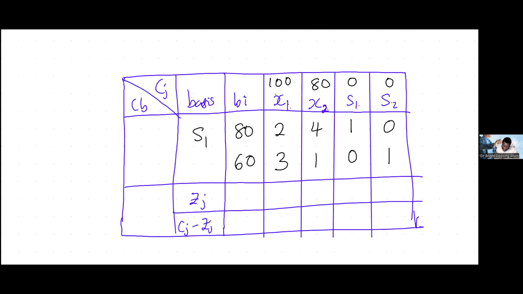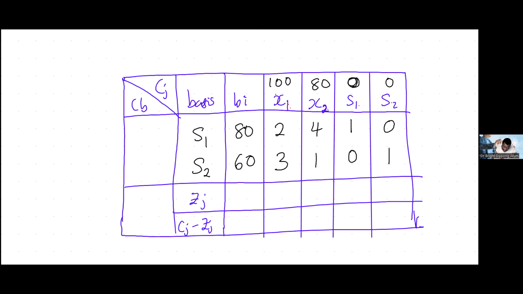Therefore, S2 here will come into the solution, or will be the decision variable, right? Good. Now, what is the coefficient of S1? The coefficient of S1 is 0. So you see, it is 0 here.